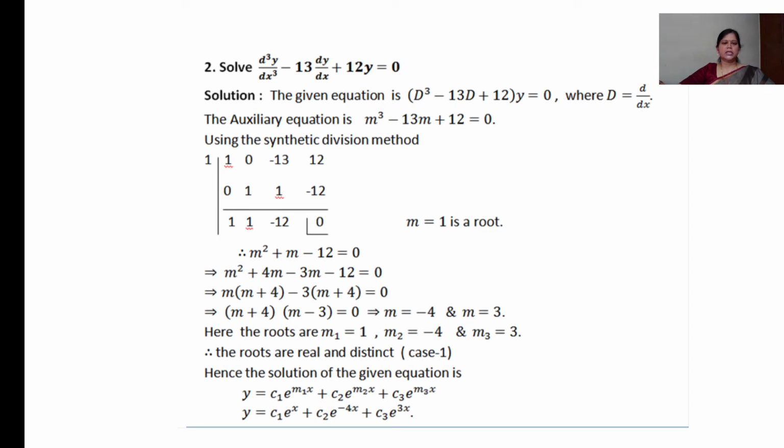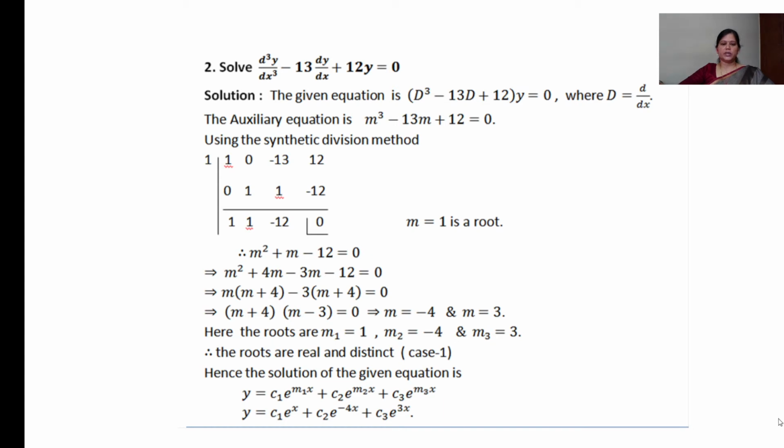Now from that f(D), we write the auxiliary equation: m³ - 13m + 12 = 0. Here the equation is not in quadratic form, it is in cubic form. Whenever cubic equations are there, we go for the synthetic division method. That's why here we are using the synthetic division method.